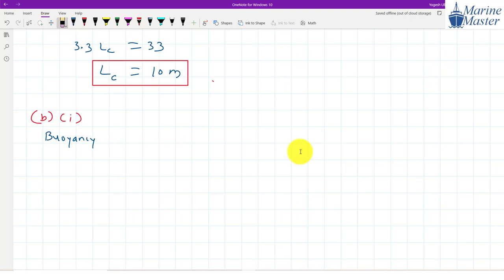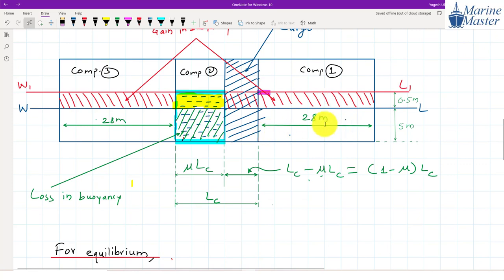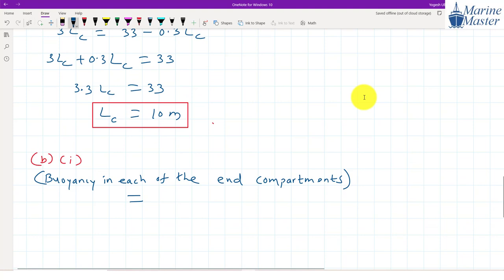Buoyancy is the mass of water displaced. So in the end compartments, the mass of water displaced will be length times breadth times final draft times density of river water, with the length of the end compartment being 28 meters.